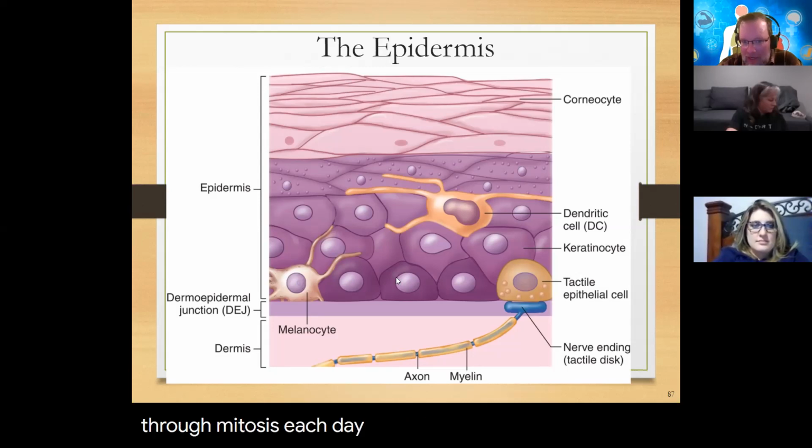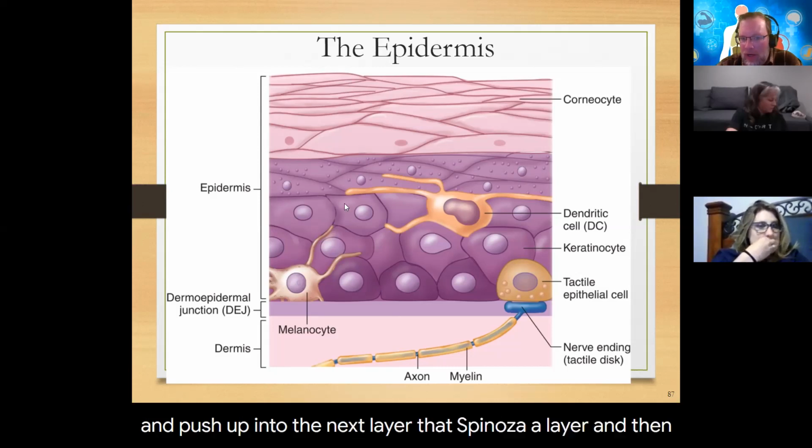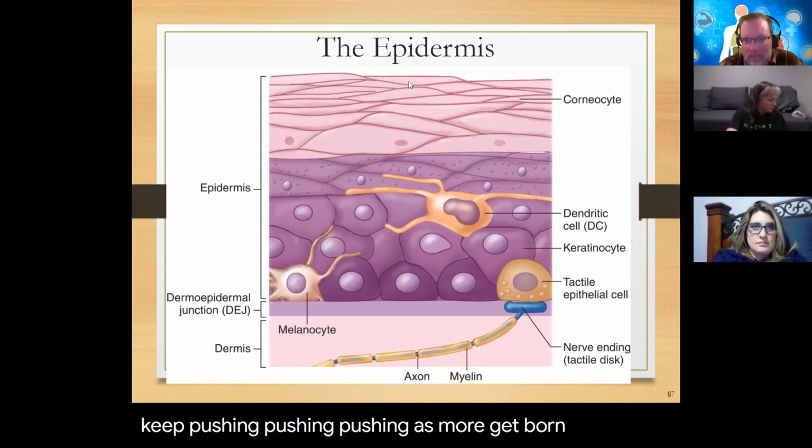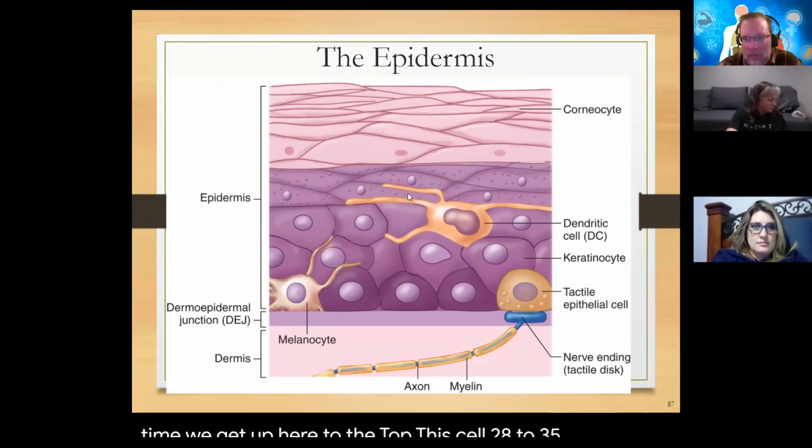So if I've got a layer of 10 cells down here, one of those 10 is going to divide into two and push up into the next layer, the spinosal layer. And then day 3, day 4, day 5. We just keep pushing as more get born. And by the time we get up here to the top, 28 to 35 days, roughly 5 weeks later, this is going to be the cell up here.